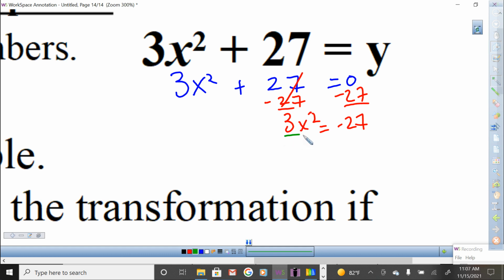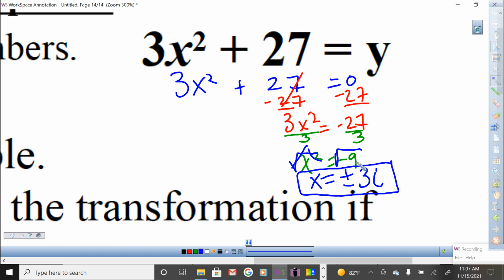Then we divide by 3, so x squared equals -9. Last but not least, take the square root of each side, so x equals plus or minus 3i. That is correct. The square root of a negative is an imaginary. Okay? Alright, let's go to number 2.